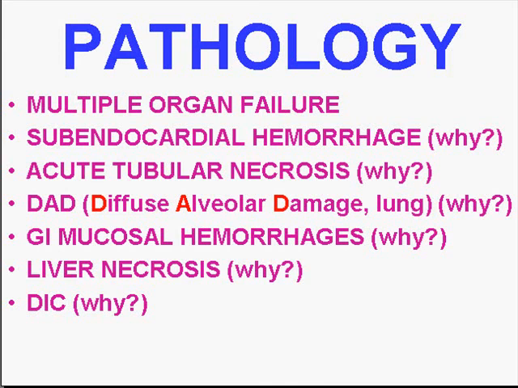Let's talk about multiple organ failure. You know what the vital organs are. You know that there's a subendocardial hemorrhage. Why? Because the perfusion of the subendocardial portion of the myocardium is from blood flow itself. So if that stops, there's subendocardial hemorrhage.